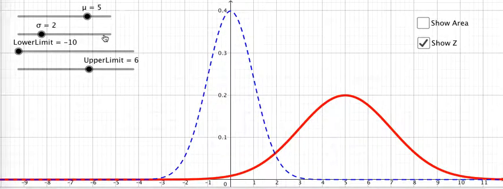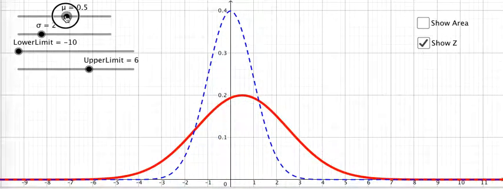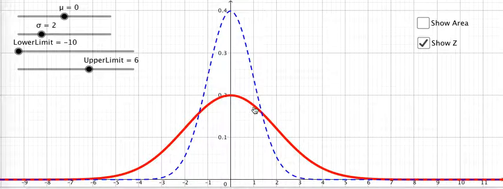So by subtracting 5 from the mean, that value of 6 here will change to being a value of 1. Hopefully you can see that is basically the same value having been translated 5 to the left.